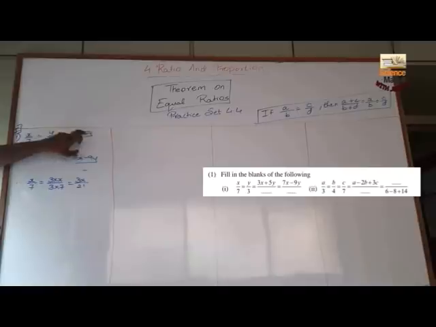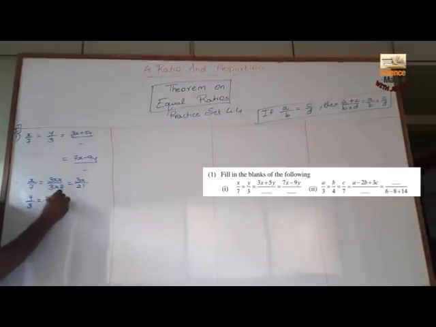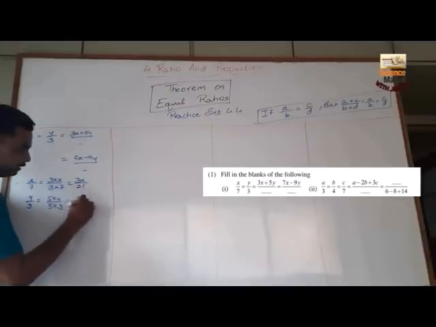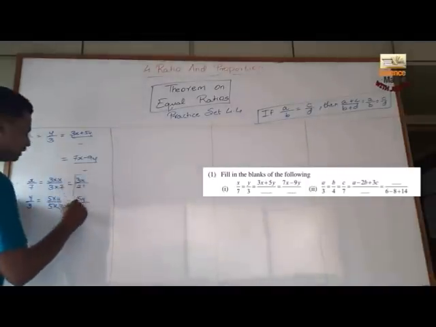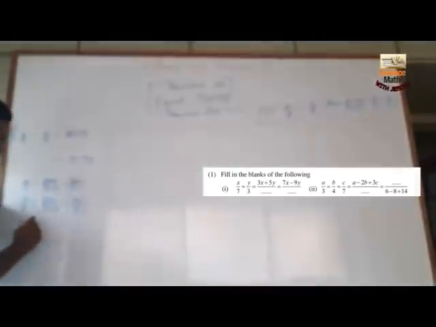And further I will be finding out similarly for y. Now y is multiplied by 5, therefore y upon 3 is equal to 5 into y upon 5 multiplied by 3, which will give me 5y, and 5 into 3 will give me 15. Now I have both these ratios, the new ratios that are formed, and I just have to add these ratios.